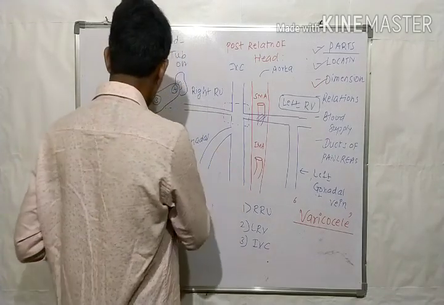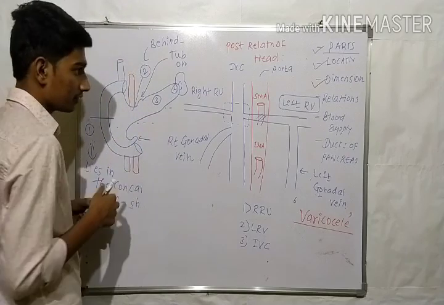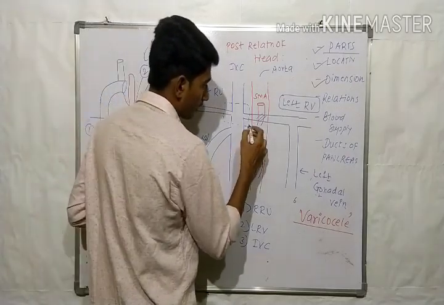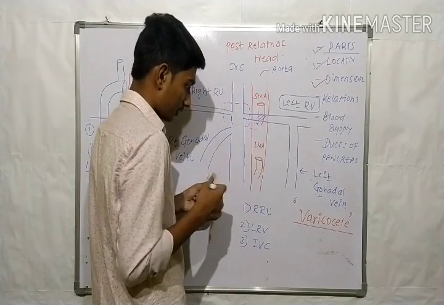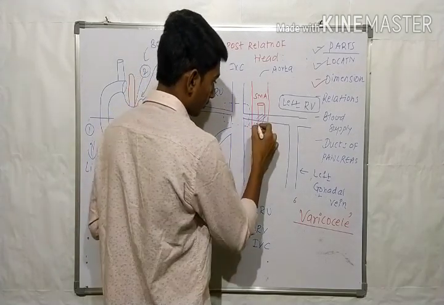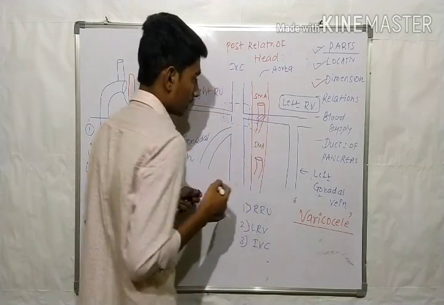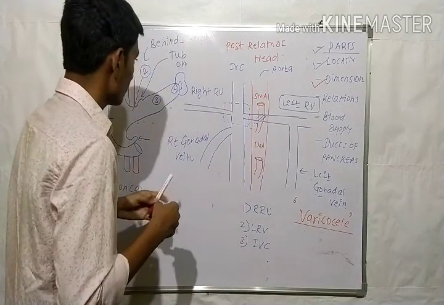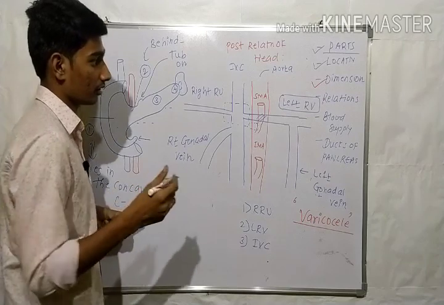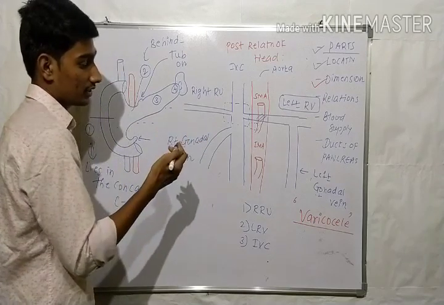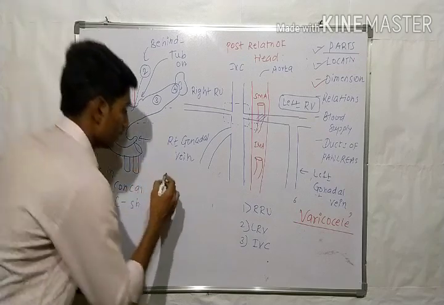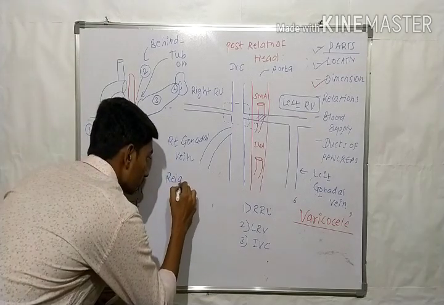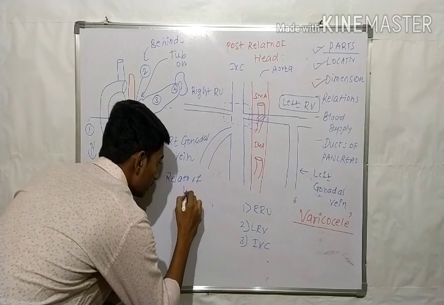Now we know that the head has one process, and this process is the uncinate process. Let me write down the relation of the uncinate process.